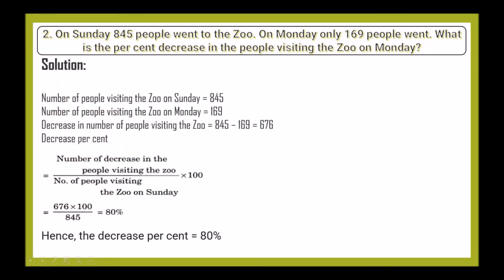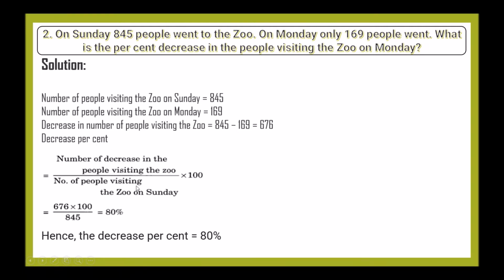Second, on Sunday, 845 people went to a zoo. On Monday, only 169 people went. What is the percentage decrease in the people visiting the zoo on Monday? So the number of people visiting the zoo on Sunday is 845. Number of people visiting the zoo on Monday is 169. So decrease in the number of people visiting the zoo equals 845 minus 169, that is 676.